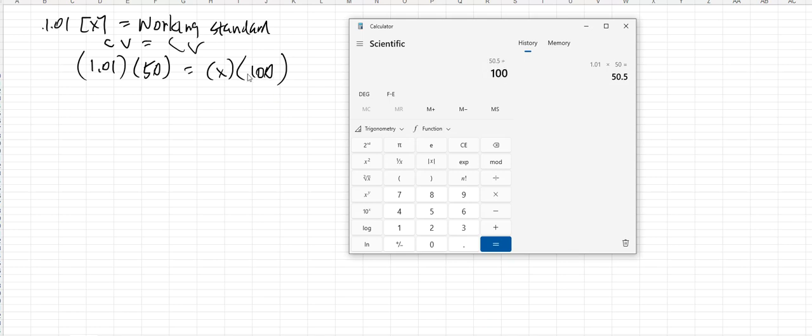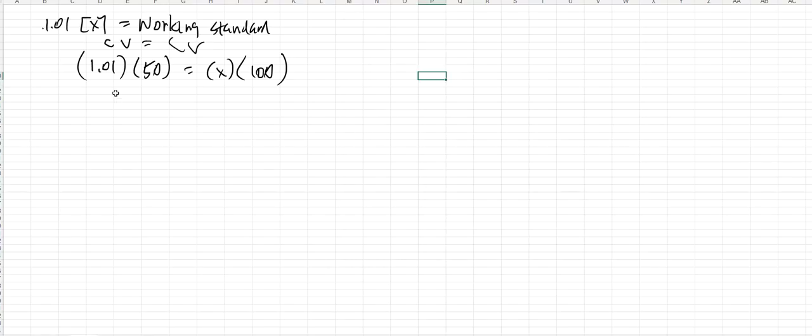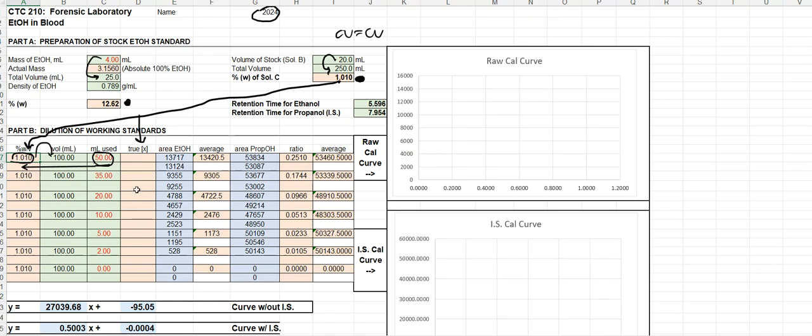We divide by 100. That way we can get x by itself. And when we do that, the concentration is 0.505. All right. So that is the value that's going to go here for the true x.